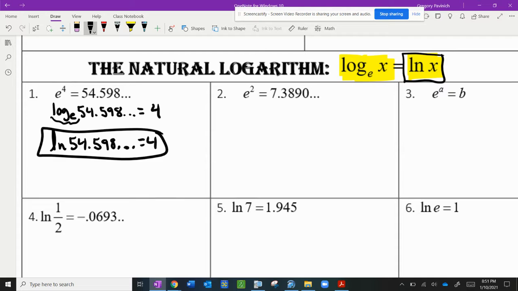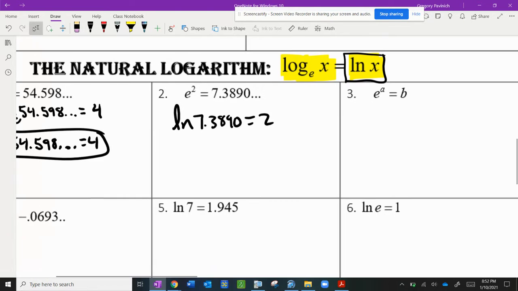So you can go straight to the natural log. I can say natural log, that's log base e. The input's the output, and is equal to the input of the exponential. So log e, which is the natural log, the input is the output of the exponential, and is equal to a, which is the input.